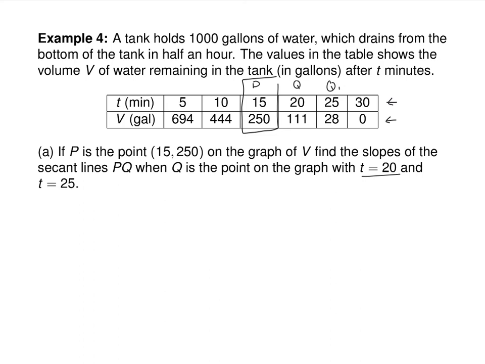So how would you find the slope with those two points? Okay, so with 15 and 25, or 15 and 20, sorry. Find the change in gallons over the change in time. So what were the gallons at 20?